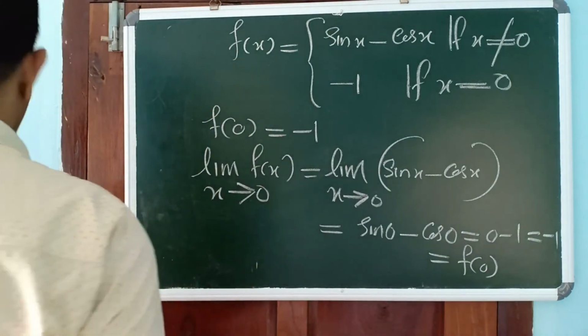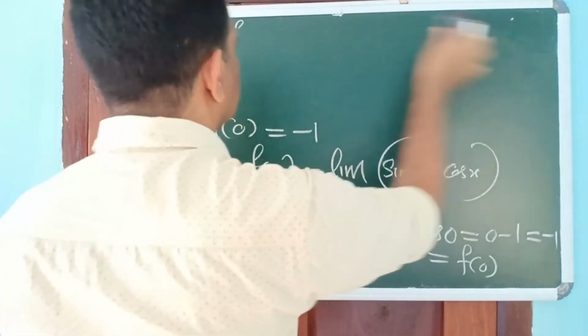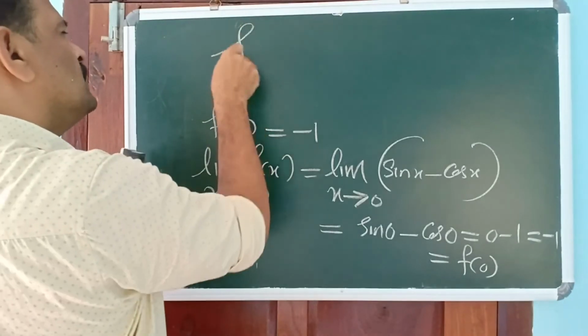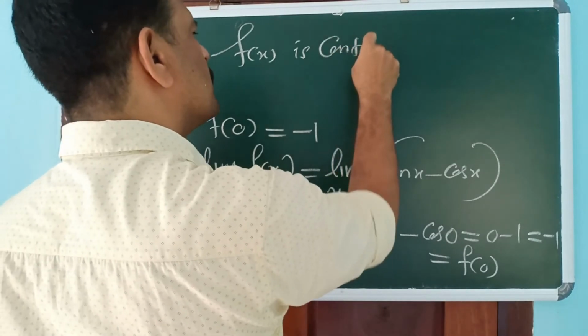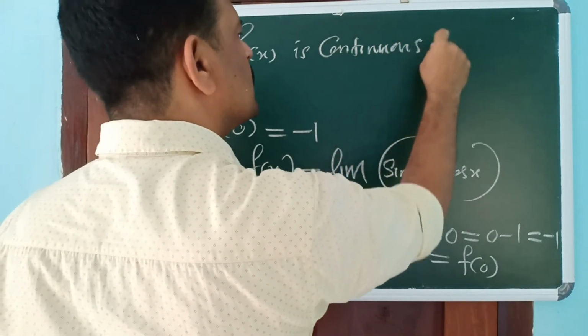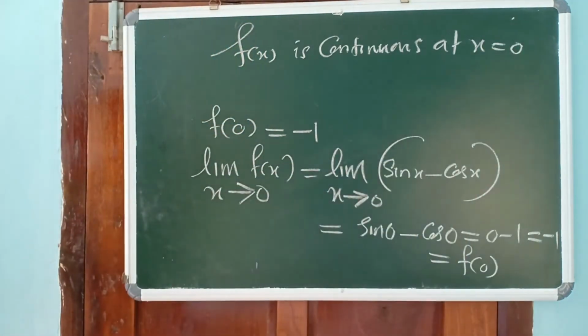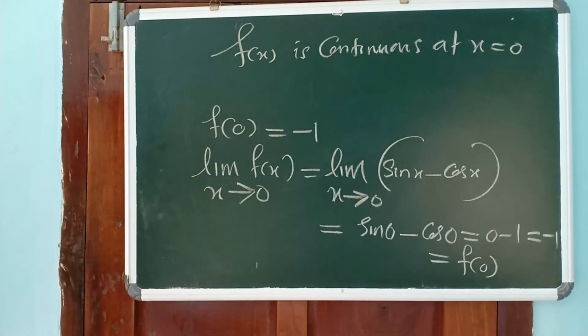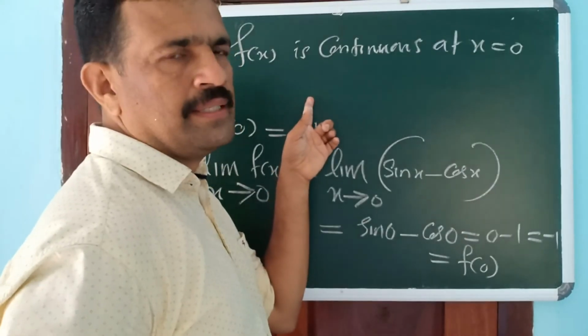So the given function f is continuous at 0. Therefore we can say that this function is continuous at x equal to 0.